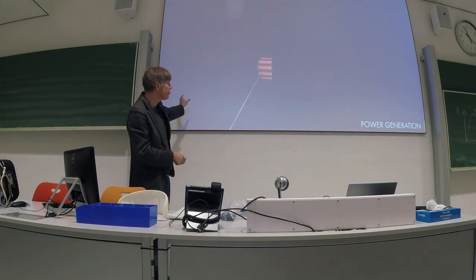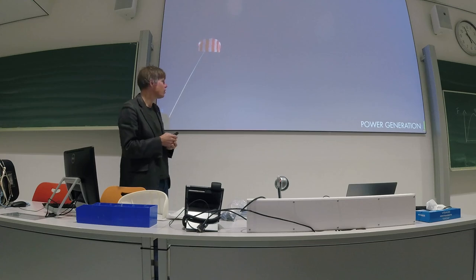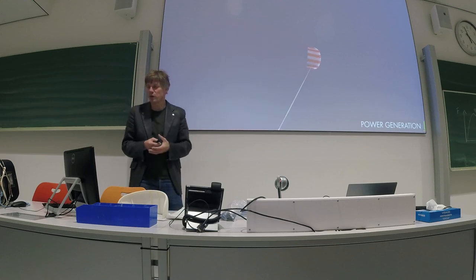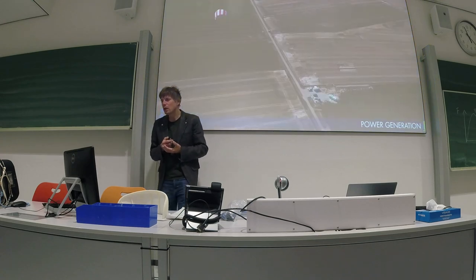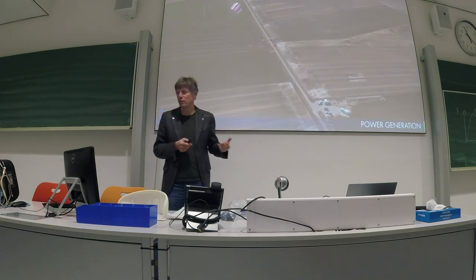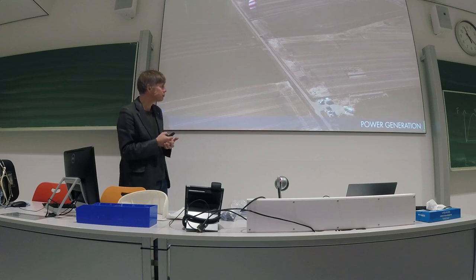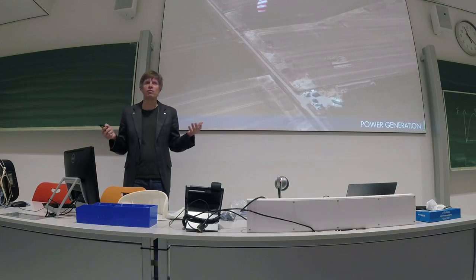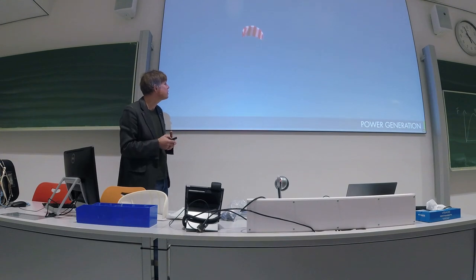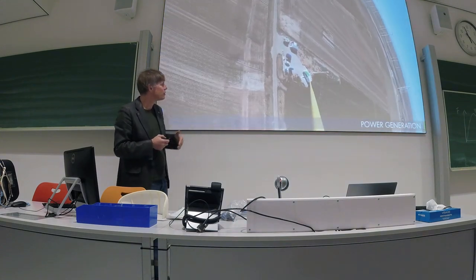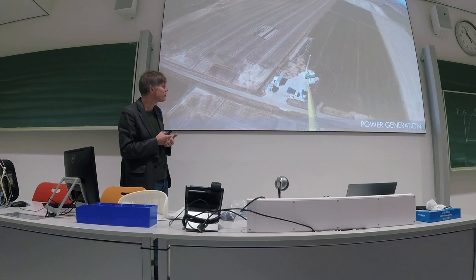This is here in northern Germany, where they have one of their test sites. And then they go into power generation mode. You see this here from drone view. They fly up to 500 meters, although the altitude is not really any limitation.